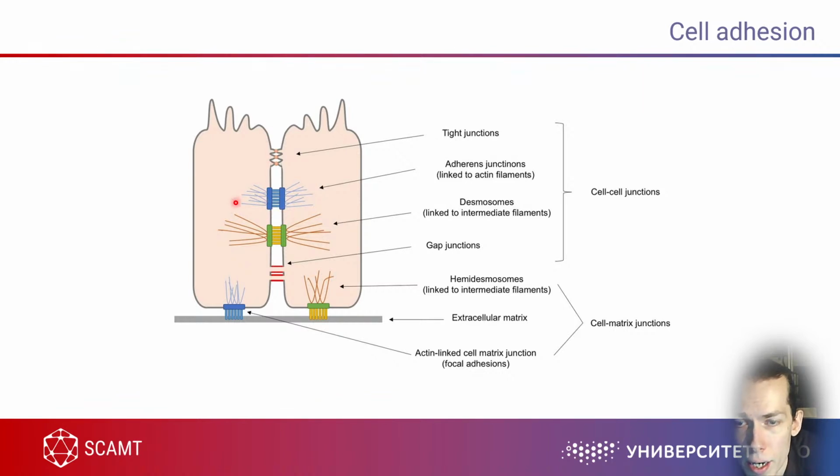And on the opposite side, inside the cell, these tight junctions have a connection to the cytoskeleton. So if you have some damage to the cytoskeleton, it will definitely produce some damage to tight junctions, and to adhesion to the cell substrate, and all of these things are interconnected. So when we are talking about adhesion between cells, or cell and substrate, or cytoskeleton, all of this is interconnected, and nanoparticles can damage all of these things and will cause some cytotoxicity.